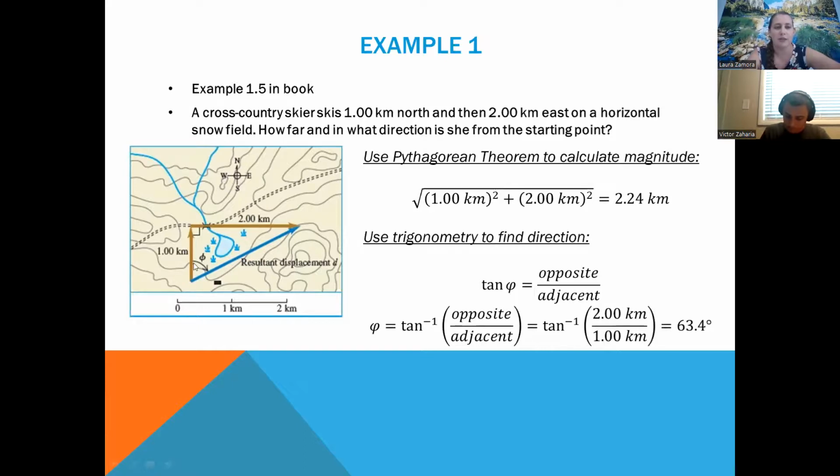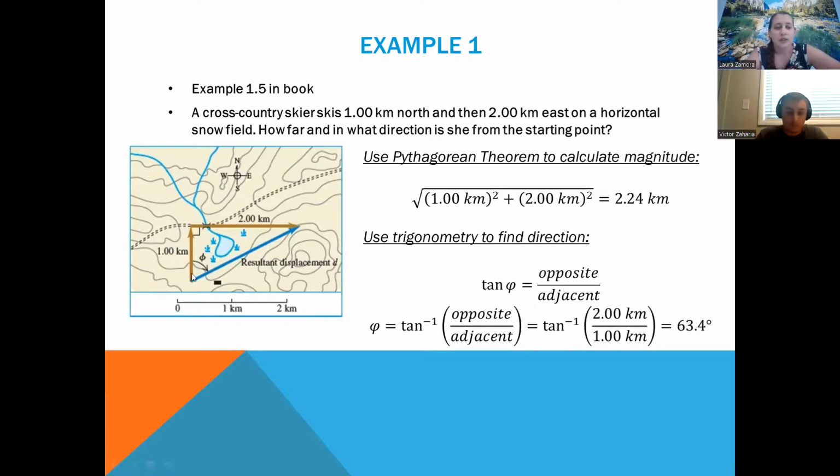So here's the angle of interest, and this Greek letter is phi. Okay, so this is the angle that we're looking for. Now, according to the triangle, the resultant displacement is our hypotenuse, because that's the longest side of our triangle. We don't know what that quantity is. Well, I guess we just found it, but if you had done the direction first, you wouldn't know what that magnitude was.